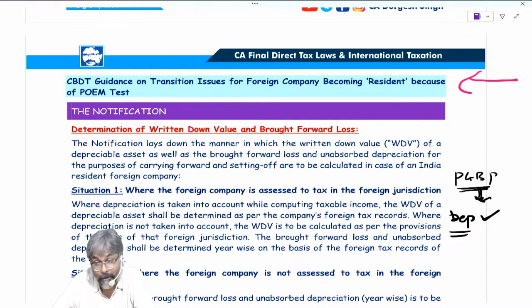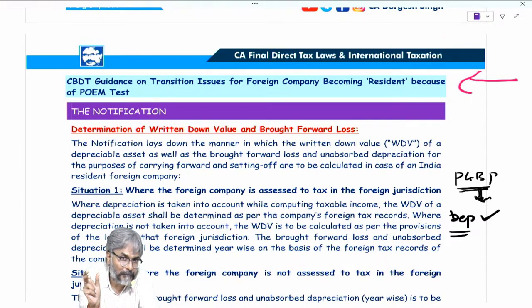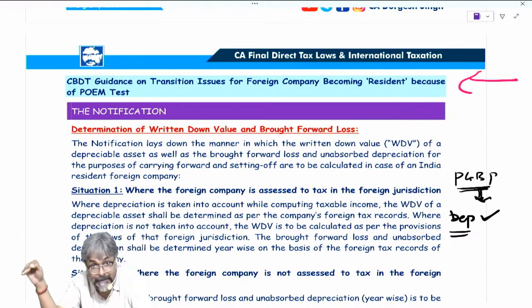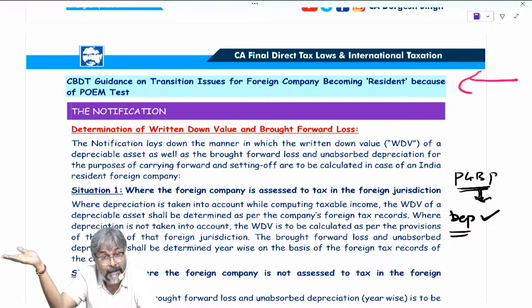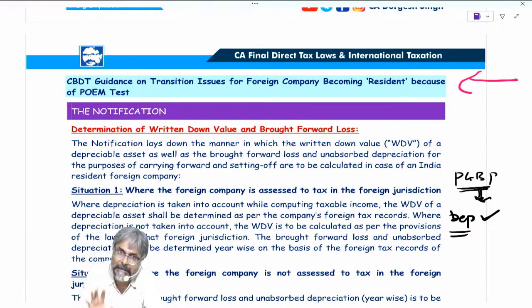So therefore, students, in this particular case, the government accordingly came up with a notification that look, in the transition year, when the foreign company suddenly has become a resident because its POEM is in India, in that year there will be these issues, and therefore we need to address these issues. And accordingly they have given us some notification.